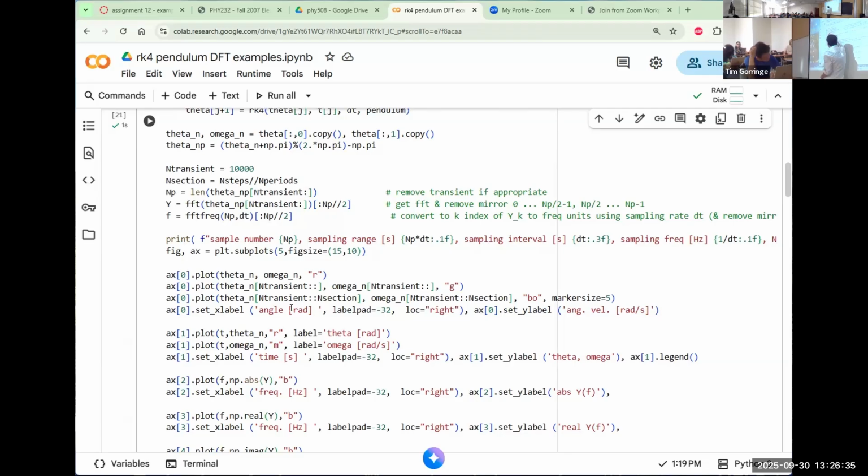When I do the Fourier transform of the data, I only transform the steady state. I slice it. So I call the Fourier transform not with the entire array of data, but with a sliced array of data.